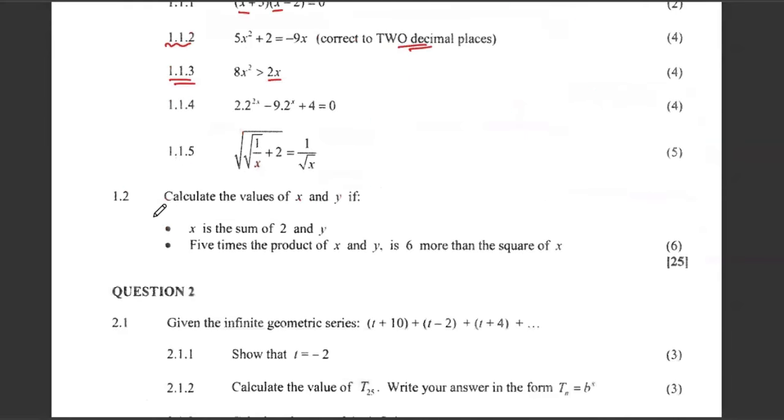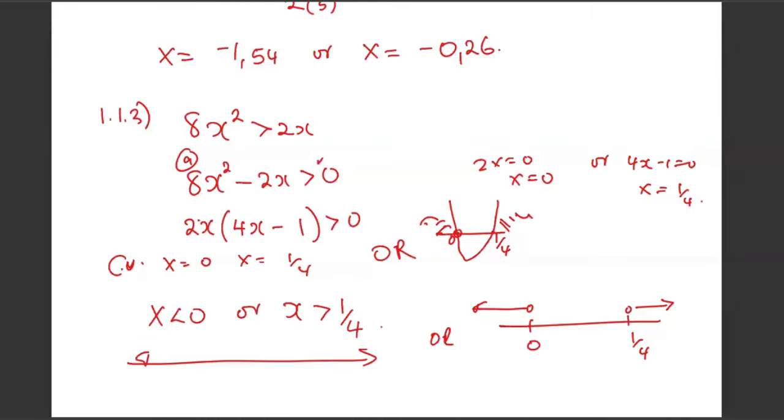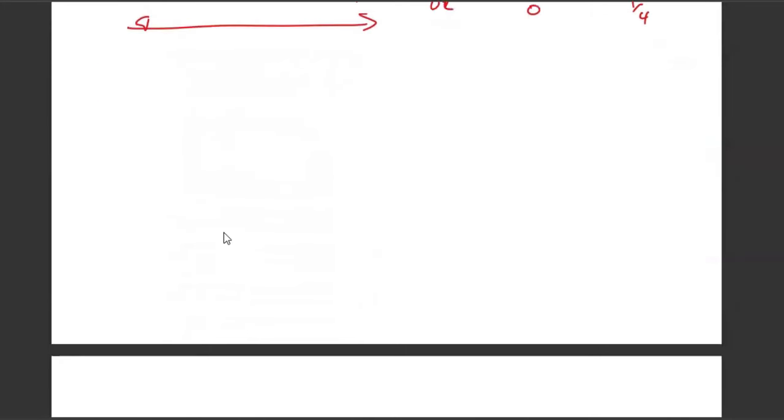All right, then 1.1.4, we have 2 times 2 to the 2x minus 9 times 2 to the x plus 4 is equal to 0. So this is an exponential equation. Let's see how we kill this one.